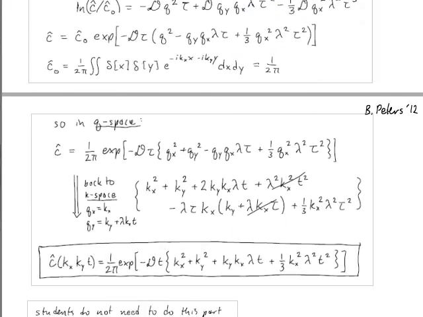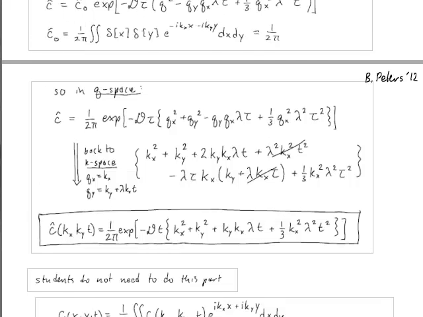All right. So we are almost done. We now have the solution in Q space. So C hat is C naught, which is just 1 over 2 pi, multiplied by this exponential, where the argument of the exponential depends on tau, qx, qy, in this complicated polynomial function. Now if you wanted to map this back to K space, you would remember that qx and qy are related to kx and ky through the characteristic coordinates that we derived.